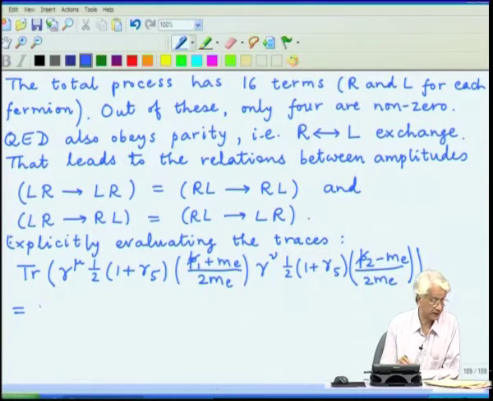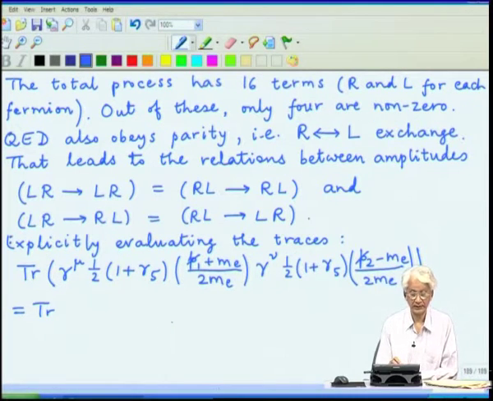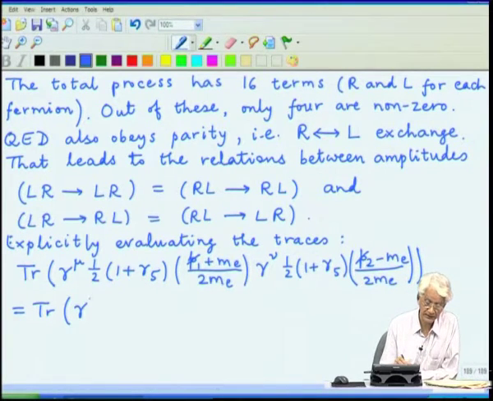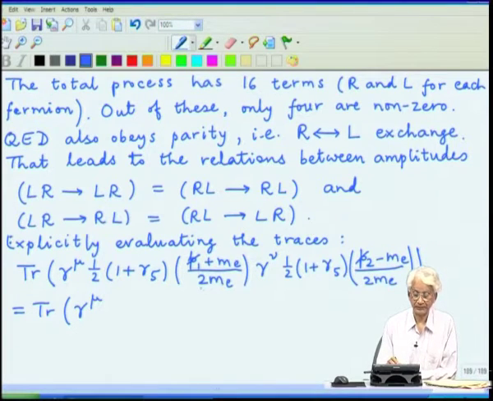And now this can be simplified by noting the fact that every time 1 plus gamma 5 goes through a gamma alpha, the 1 plus gamma 5 sign changes to 1 minus gamma 5, and if 1 minus gamma 5 and 1 plus gamma 5 come next to each other, they just annihilate themselves. So, one has to just consider the cases where they come next to each other by commuting the operators.